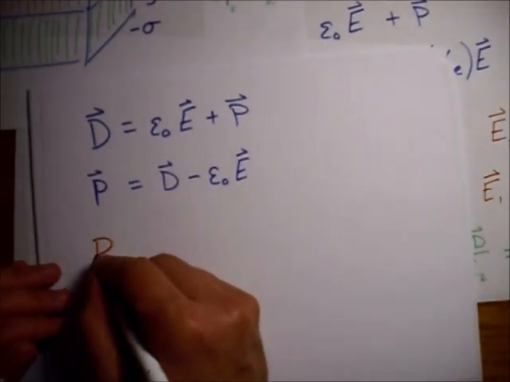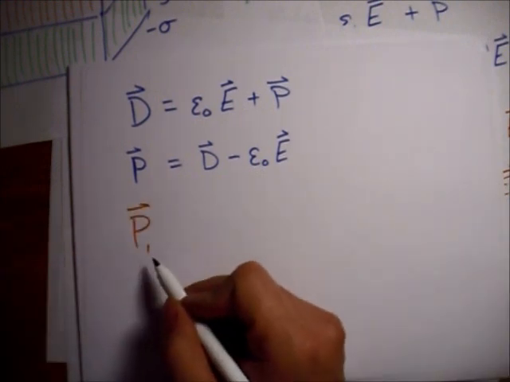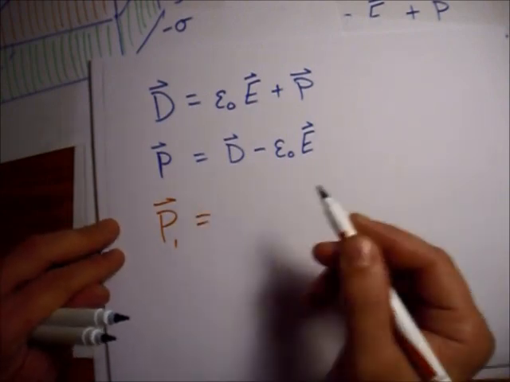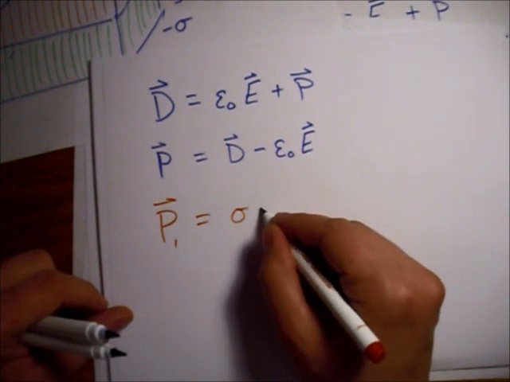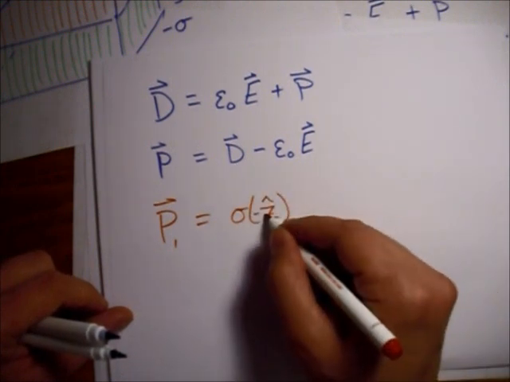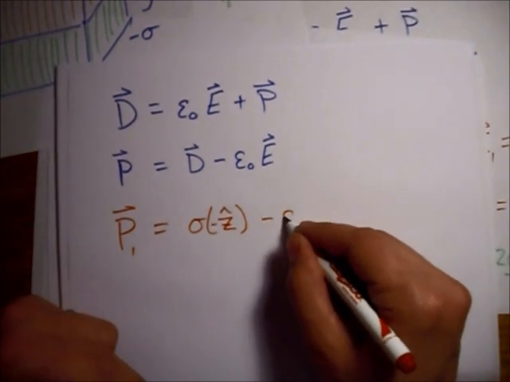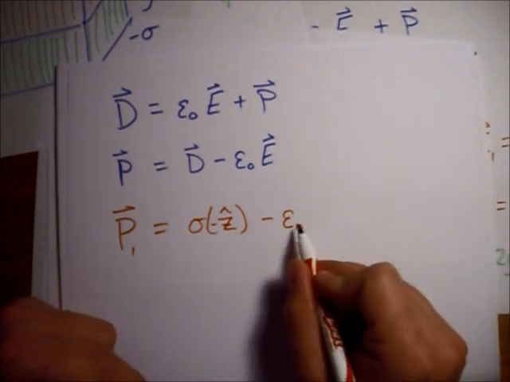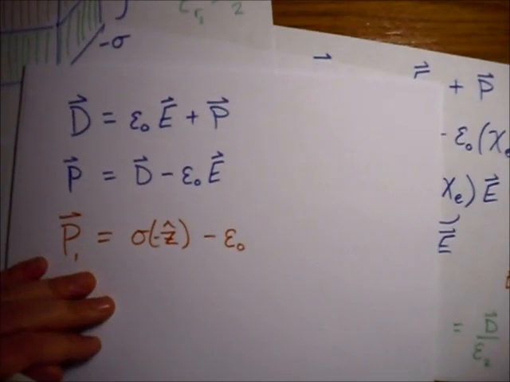So let's look at the red one first, which we of course will call P sub 1. D, of course, is again just sigma in the minus z hat direction. Okay, and then we're going to minus epsilon naught multiplied by E sub 1.